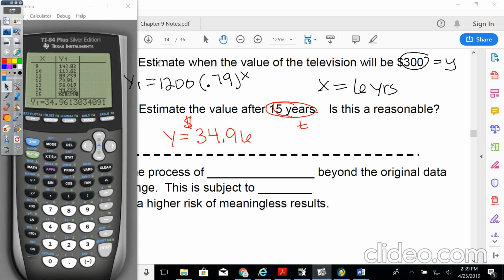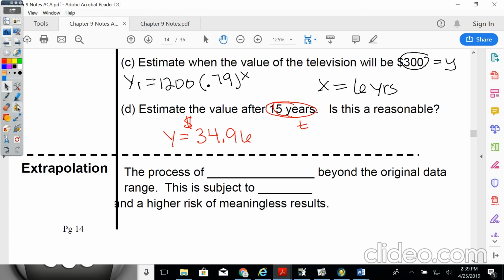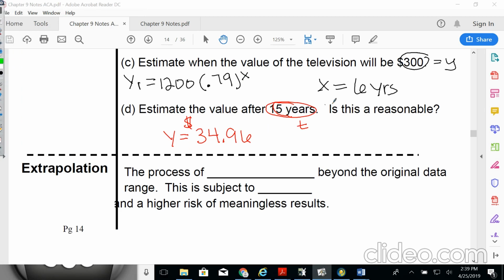Now, as far as reasonableness goes, is this a reasonable amount for a TV? Just because this is what it says mathematically, it might not be what happens in everyday life. So reasonably, probably not. Because after 15 years, the TV's probably broken, or it doesn't work, or there's new models out.